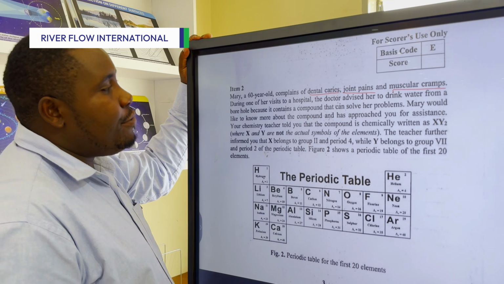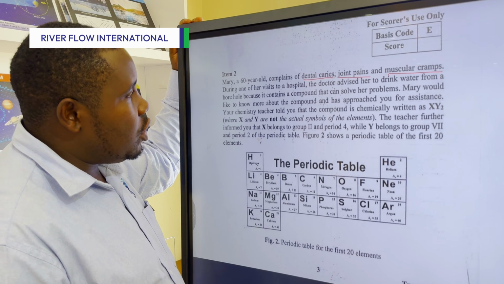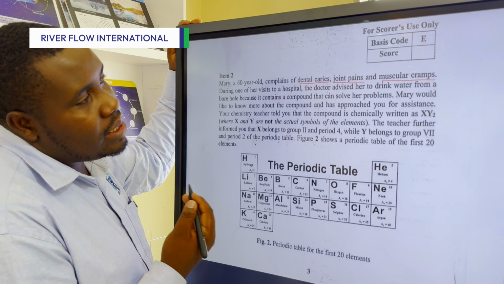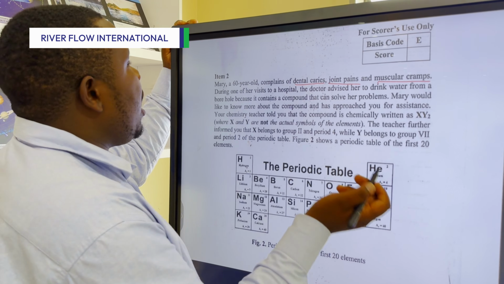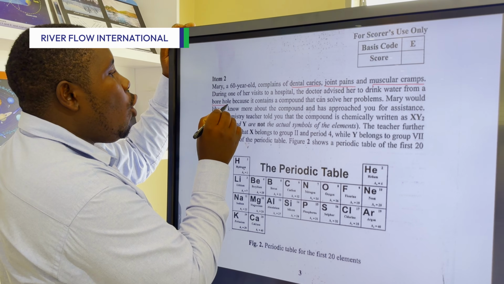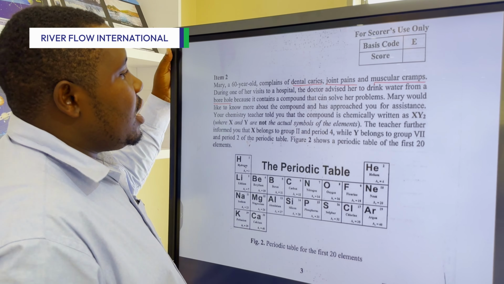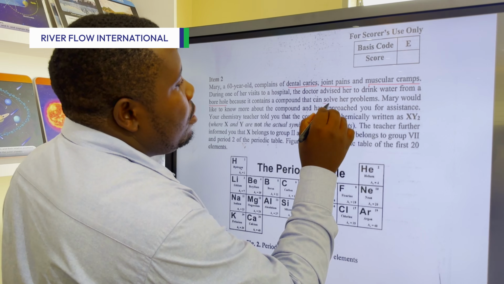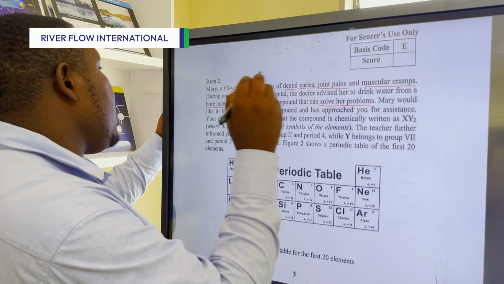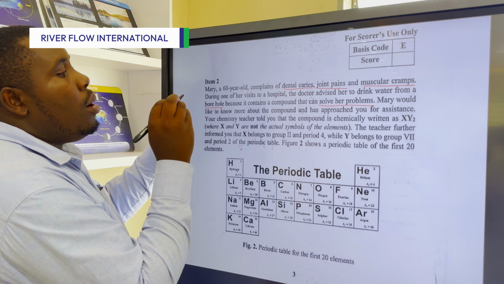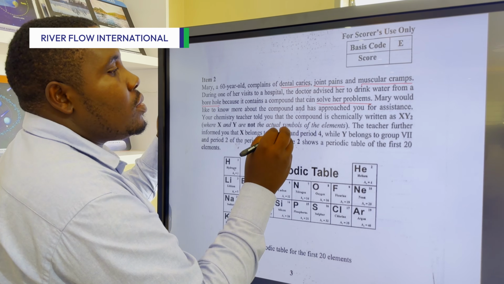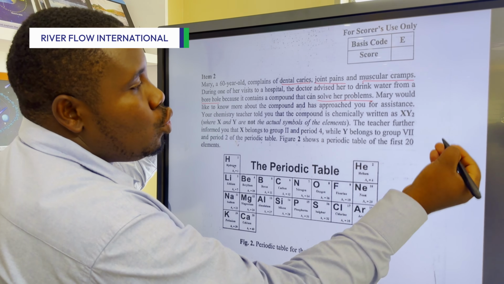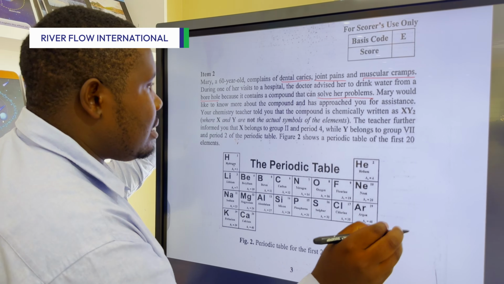During one of her visits to a hospital, the doctor advised her to drink water from a borehole because it contains a compound that can solve her problems. Mary would like to know more about the compound and has approached you for assistance.